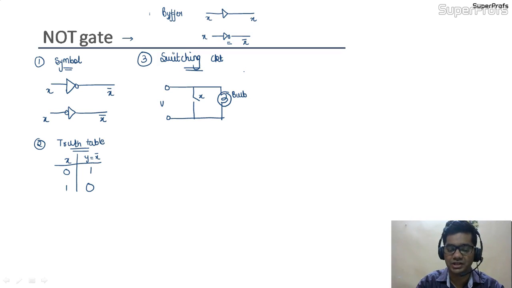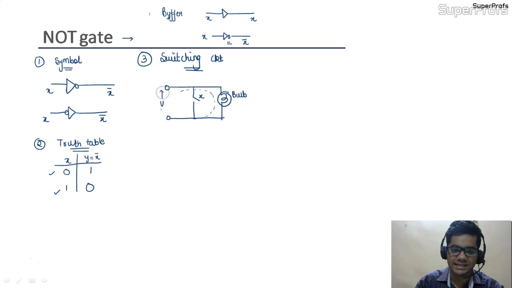So this condition is fulfilled when X is 1, the switch is closed, and the bulb is off. And if the switch is open circuit, which represents logic 0, the bulb would be on, that is logic 1, because the current would flow like this.